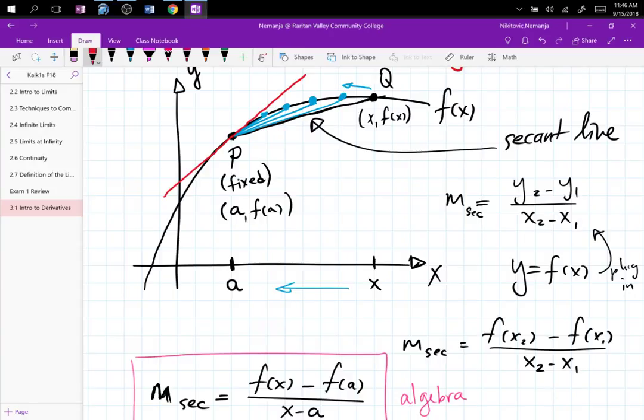So the only time when you cannot run algebra to do this calculation is when Q collides with P, which makes the denominator 0, as you noted, right? So what do we do? Is there a concept that would help us compute the slope of the red line since algebra failed?